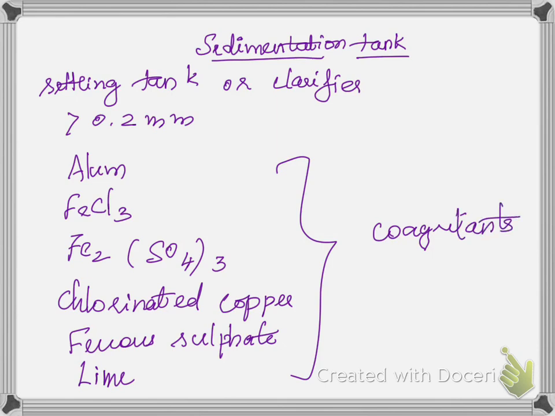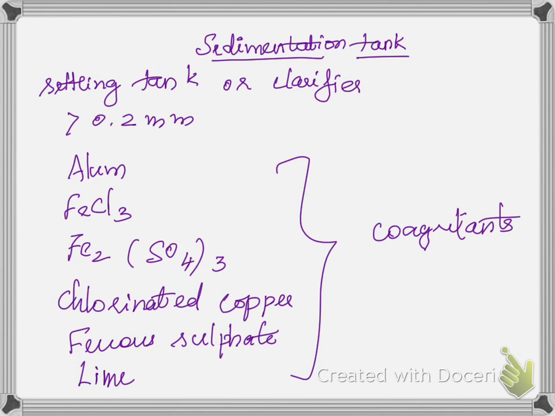These coagulants are added to enhance the sedimentation or settling activity. Treatment with bar screen and grit chamber is performed prior to sedimentation so that you eliminate larger objects and coarse solids. After that it comes to the sedimentation tank.